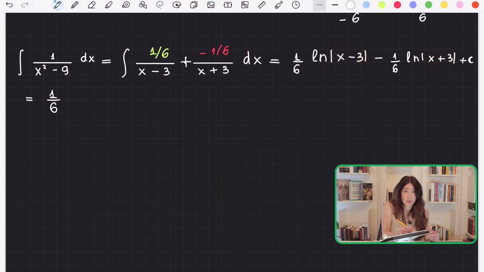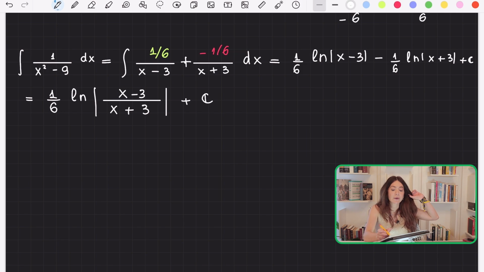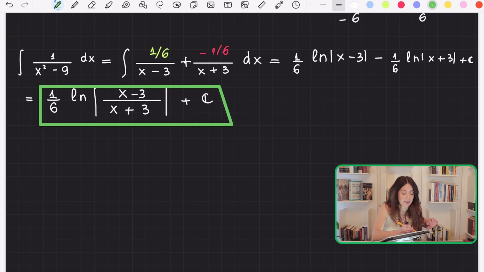So whenever you have an addition in log world, that's multiplication. So you can combine that and say x minus 3, the one that has positive sign goes in the numerator, and the one that has the negative sign goes in the denominator. Okay, and that's your final answer. You box that and you're done, okay?